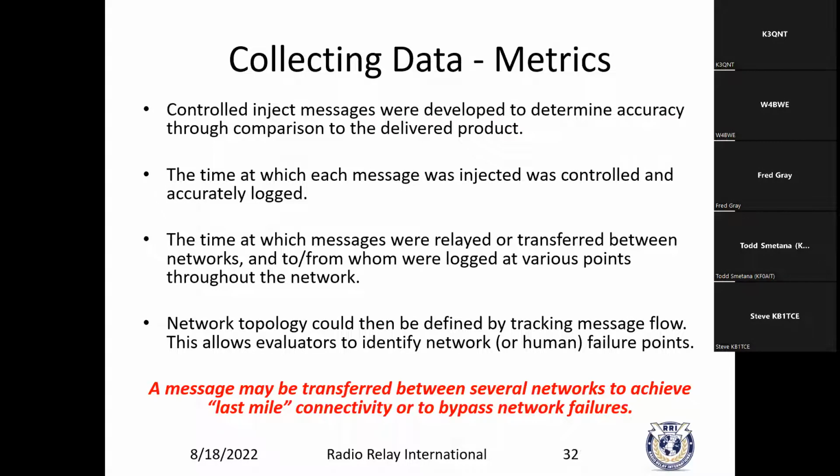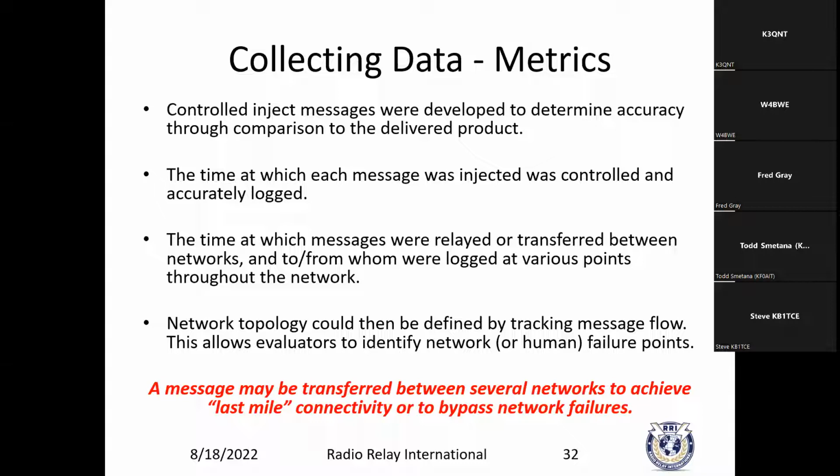So what we did basically, in designing the cascading rising exercise, the very first thing we wanted to have was controlled inject messages. In other words, we wanted messages that were already formatted, all ready to be injected, so that we had a control to compare the output against.